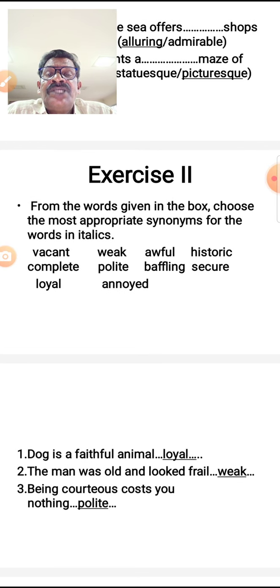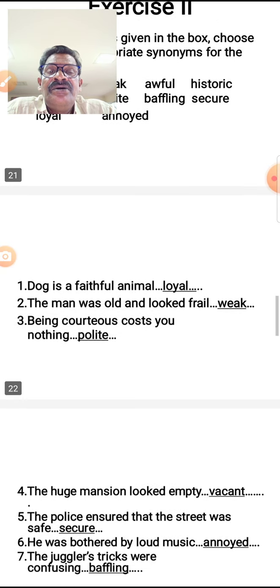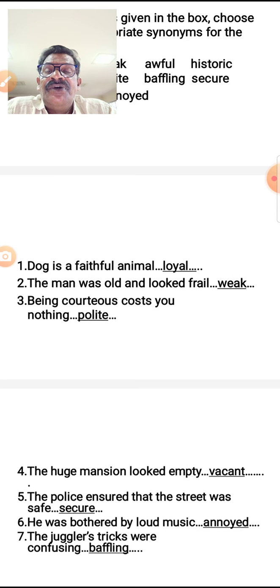There will be some words in the box. From the words given in the box, choose the most appropriate synonyms for the words in italics. 10 words have been given to you. What you have to do is choose the most appropriate synonym. Don't worry about that, because for your comfort, I have done it for your sake.